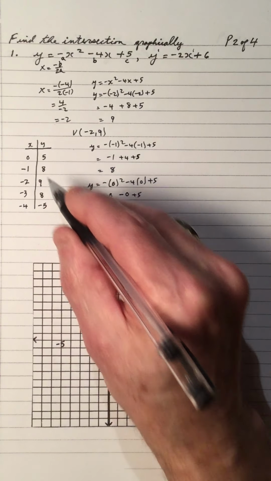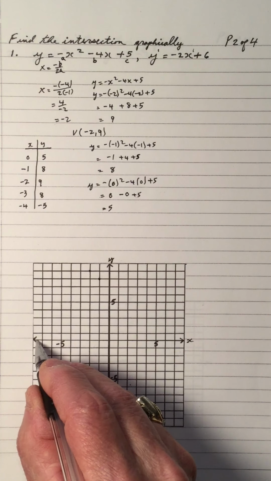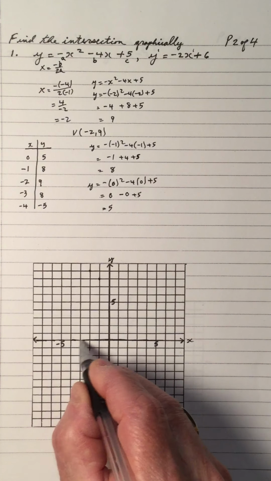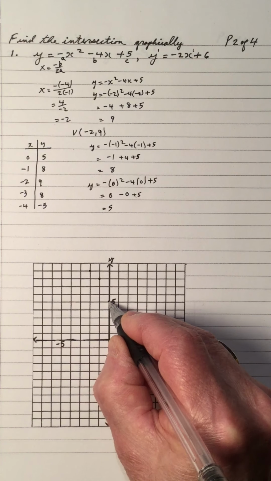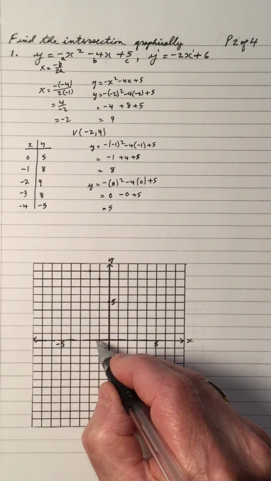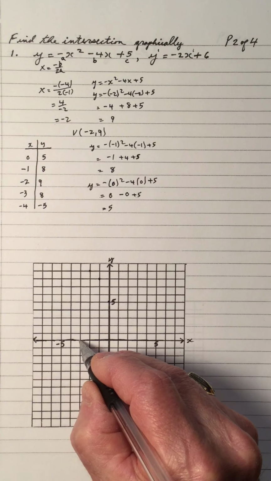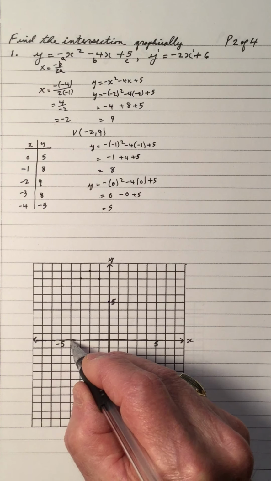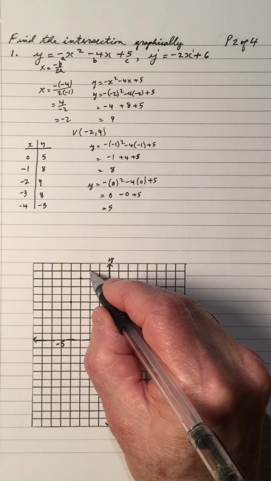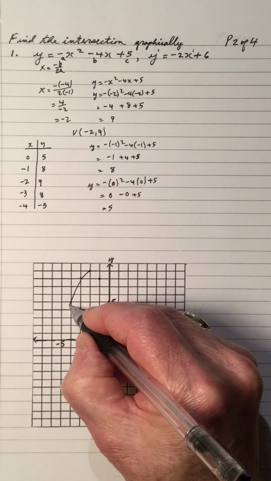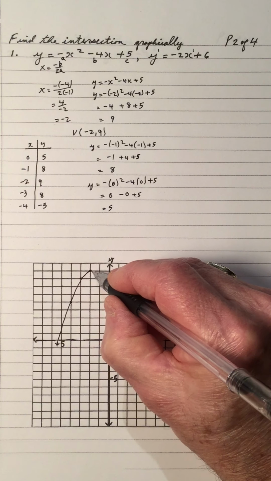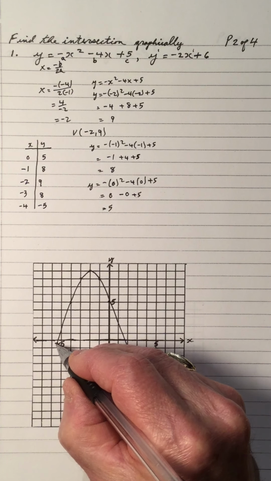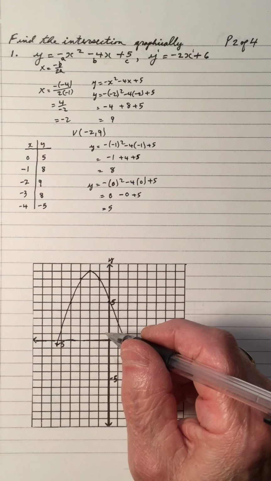And 0 gives me a 5. So we go to the other side: -3 should give me an 8, perfect, and -4 should give me a 5, perfect. So there's the parabola coming down like this. Again, this is not absolute, but it helps.